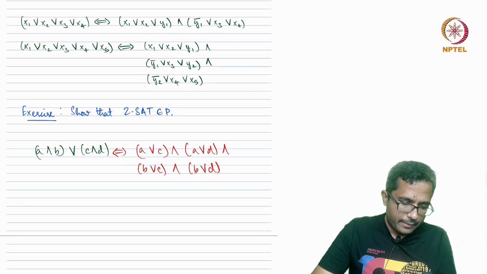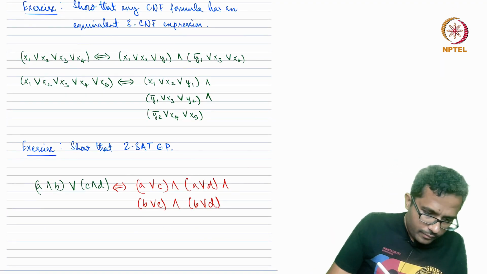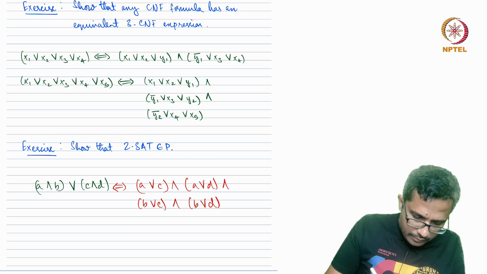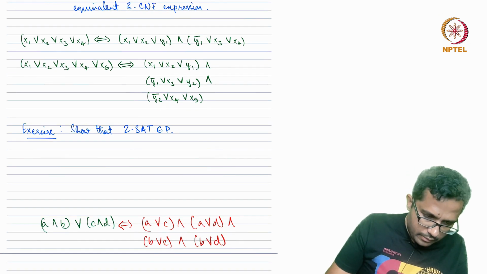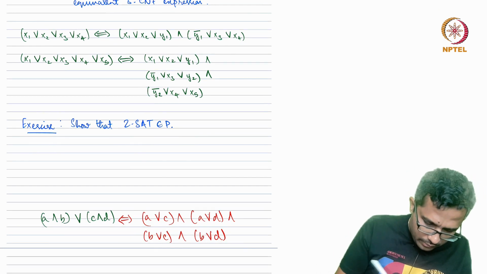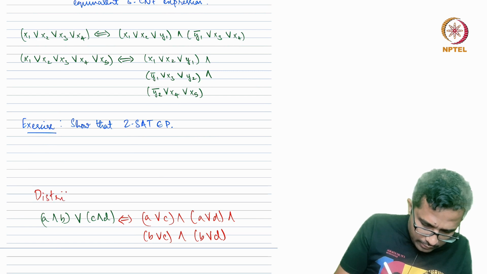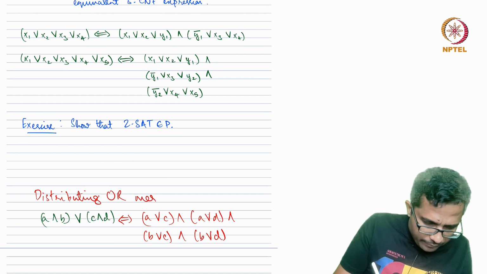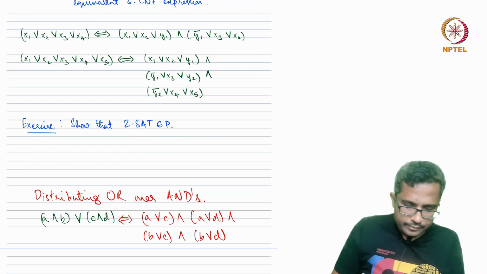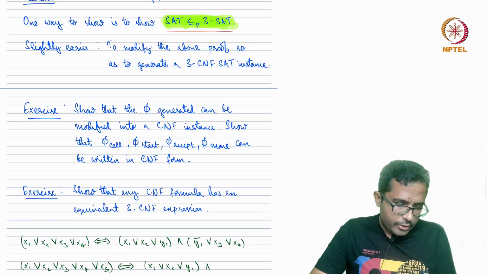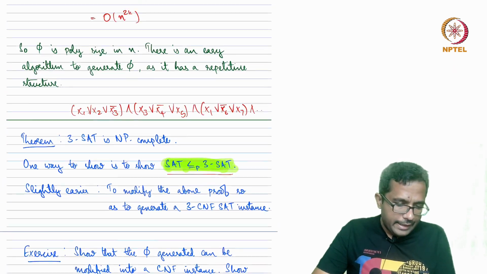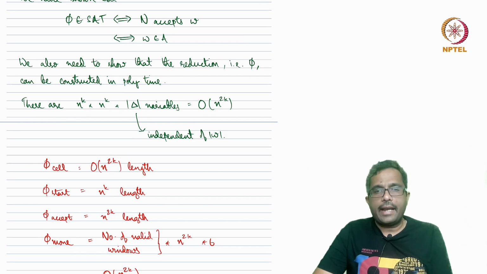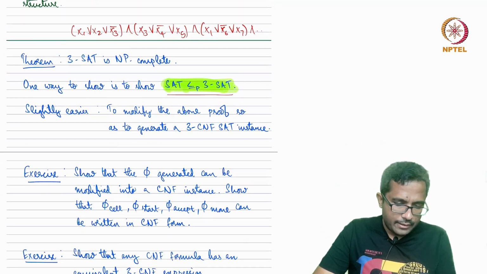So this can be verified, distributing OR over ANDs. This way we can convert each of phi cell, phi start, phi accept, and phi move to a CNF instance.